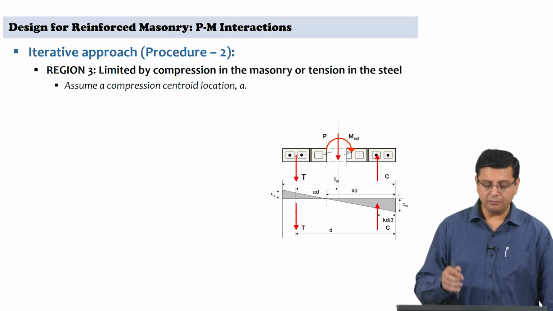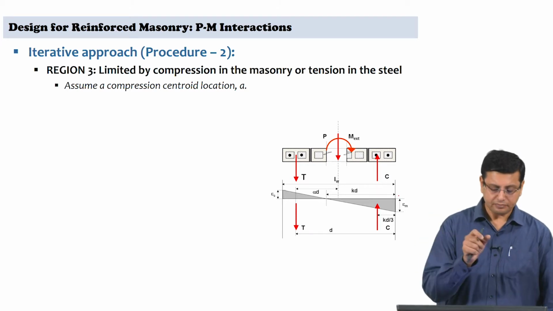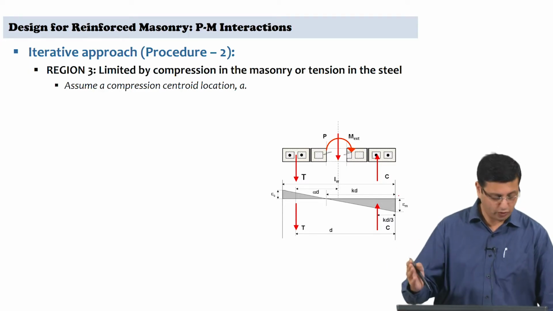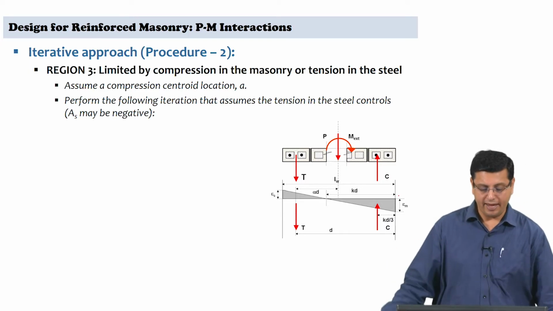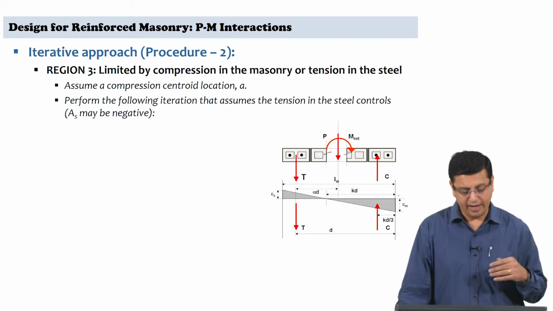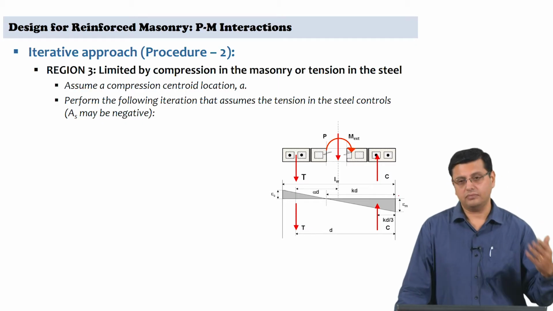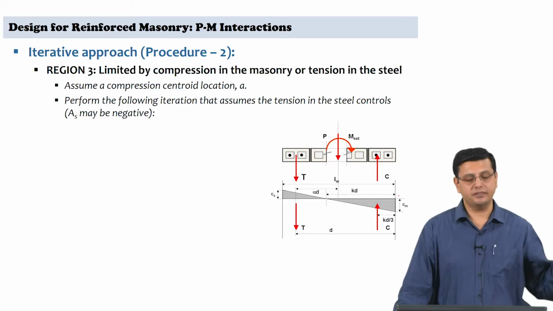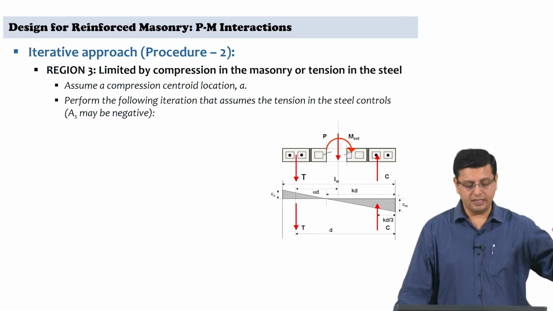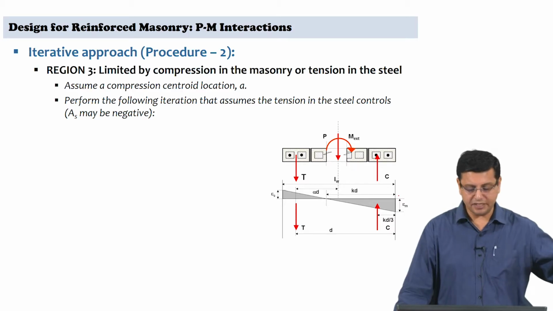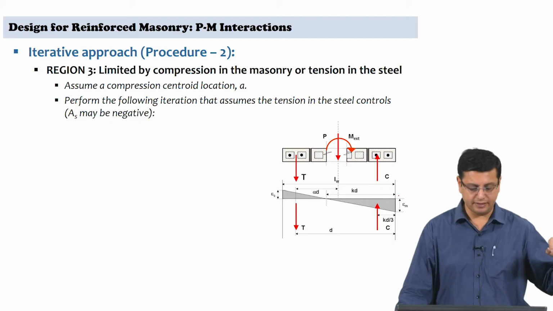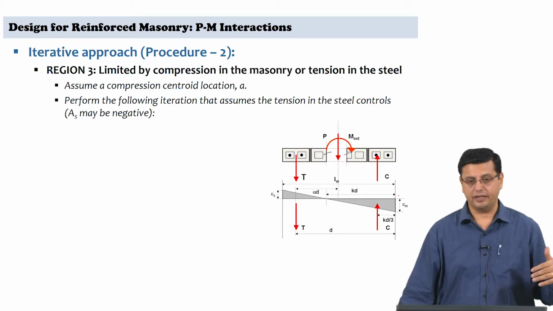We begin by assuming that the compression centroid is located at a distance A from the edge fiber, and then we assume that with that configuration the tension steel is limited by Fs, the permissible tensile stress in steel, and you start calculating.